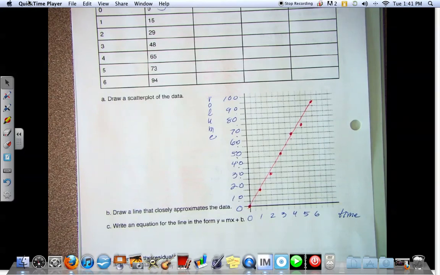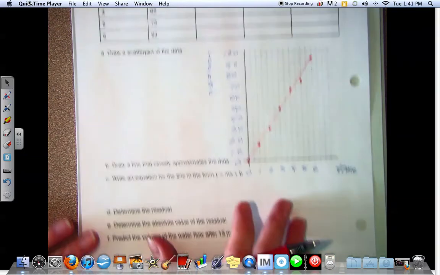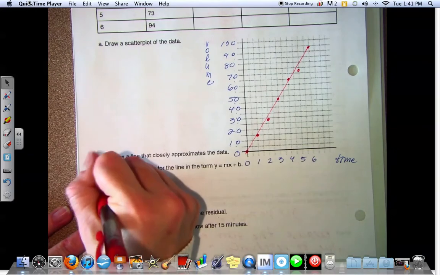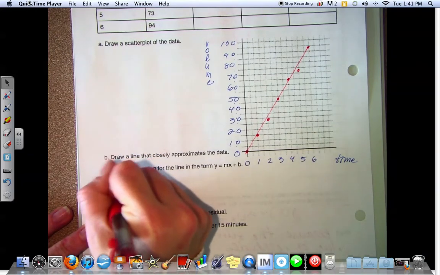Write an equation for the line in the form y equals mx plus b. So what are the two things that we need to write an equation? The slope and the y-intercept. The y-intercept is 0, just in case you're wondering. How do we find the slope? Change in y over change in x.